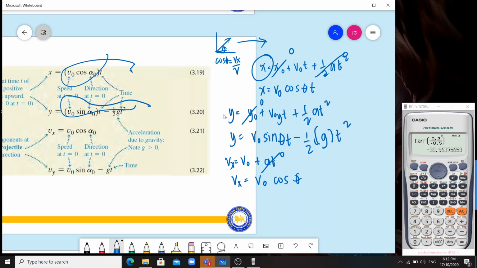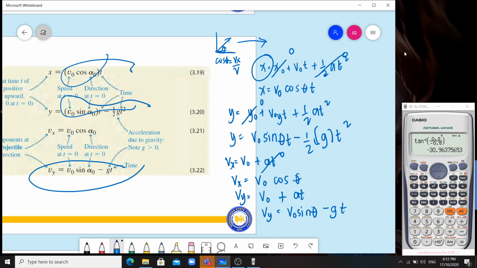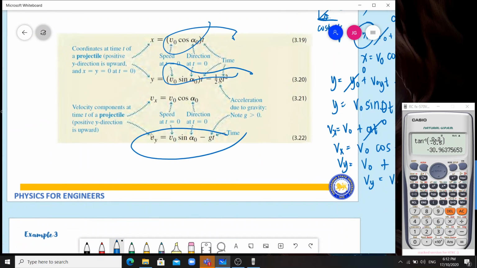Kahit saang point ng projectile, ang Vx mo ay V0 cosine theta. And now, ang Vy, yan yung nagbabago. V0y plus at. Ang V0y natin dito is V0 sine theta. At ang acceleration natin ay negative g times t. So, dito siya nanggaling. Okay? So, ayan yung formulas natin.